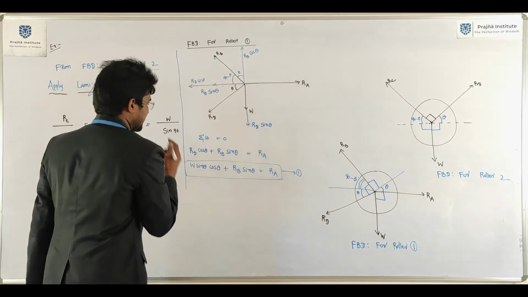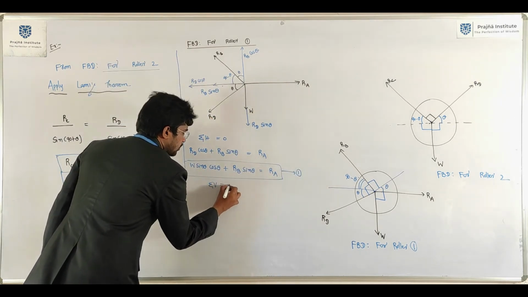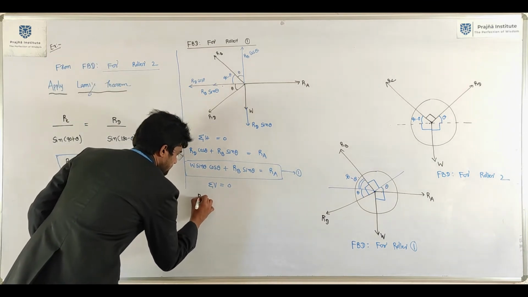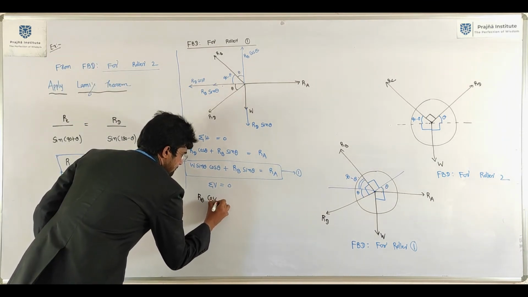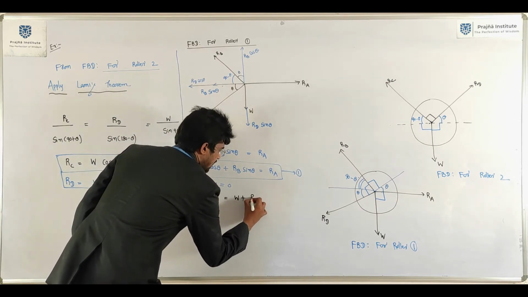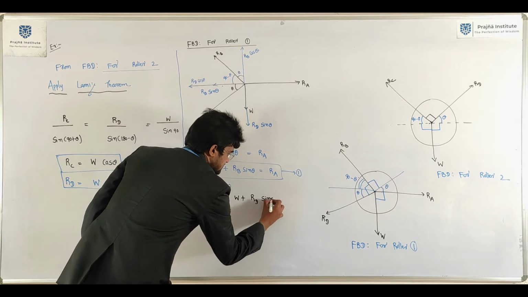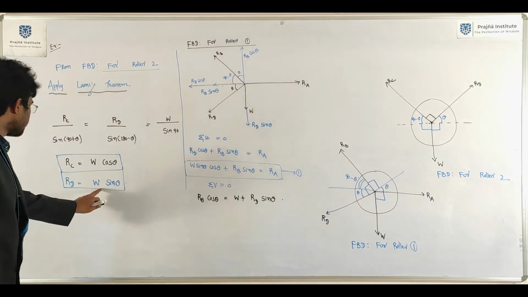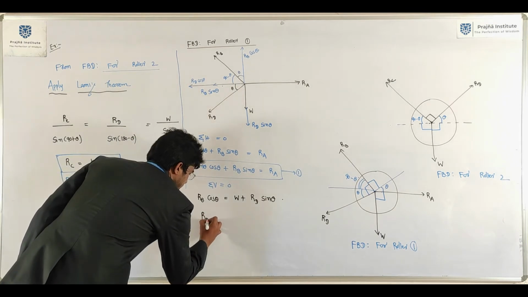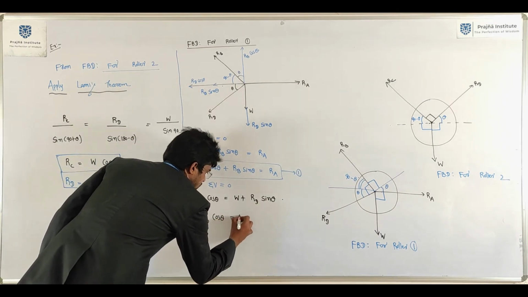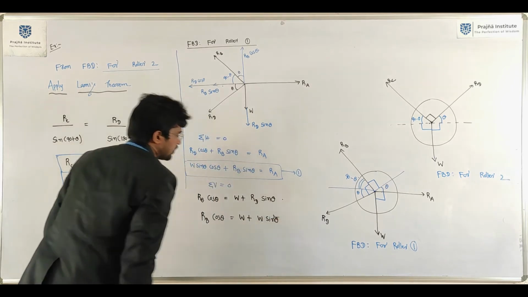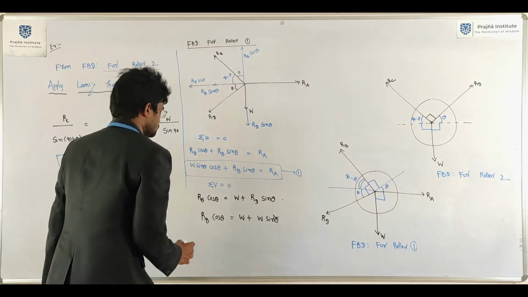Then sigma V equal to 0: RB cos theta equal to W plus RD sin theta, and RD means W sin theta, so RB cos theta is equal to W plus W sin squared theta.